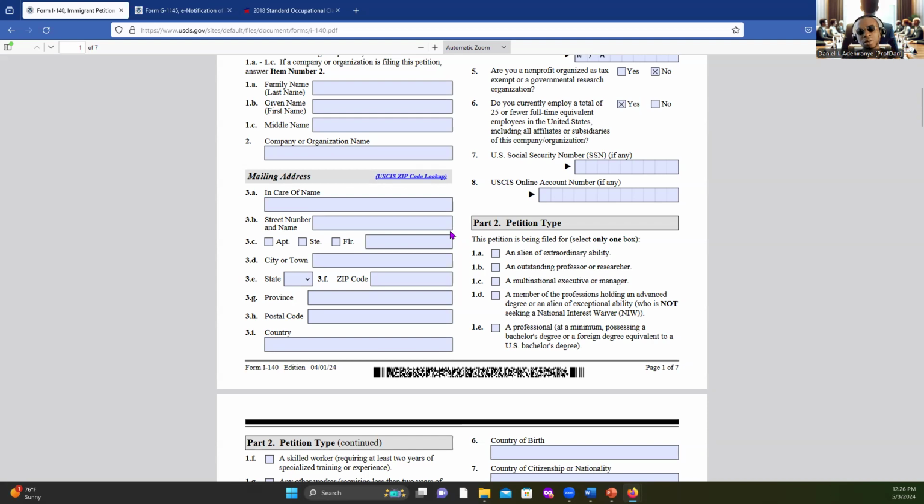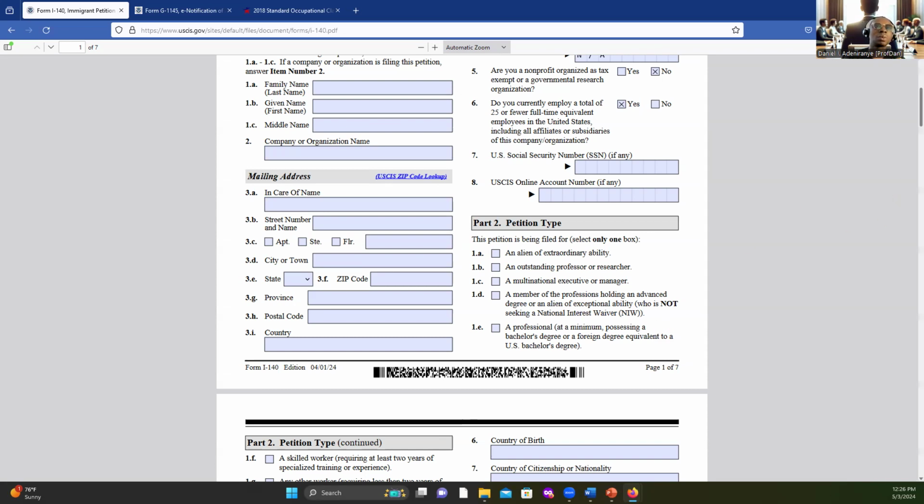Or if you are filing under the exceptional category where you have a bachelor's degree or a degree and you have fulfilled other criteria like holding professional membership in an organization, commanding high salary and the likes, you are still under the national interest waiver.